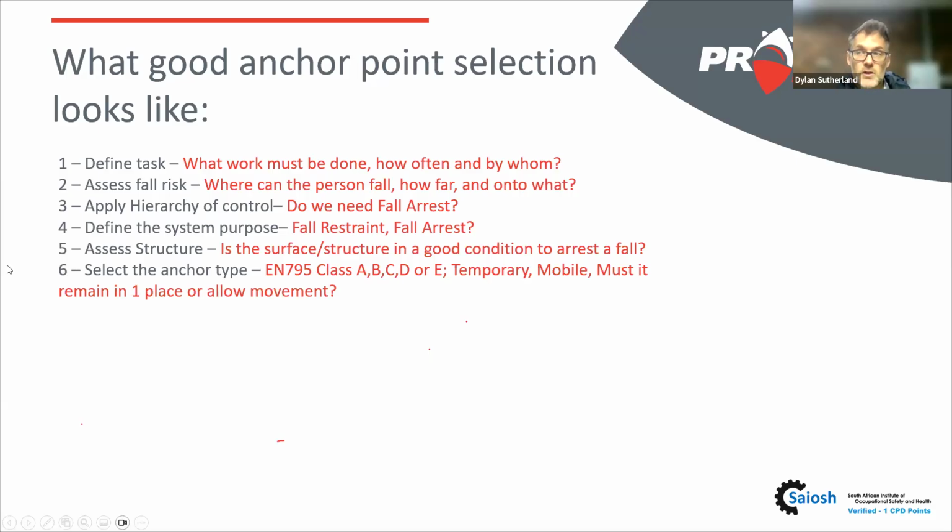We then can start considering what kind of anchor. So right now, if it's an EN 795, sorry, it's not class, it's type A, B, C, D, or E. And then once we've considered that, is it temporary or mobile? Must it be in one place, or must it allow the user to move around to do their job?